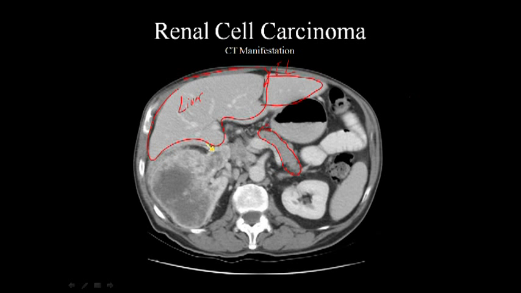Have the pancreas situated here, and we have the left kidney residing here, which looks totally normal, has good renal function. Have the celiac axis here, and then we have this, which the yellow arrow is actually pointing to what appears to be the renal pelvis. But this entire structure here is the right kidney.